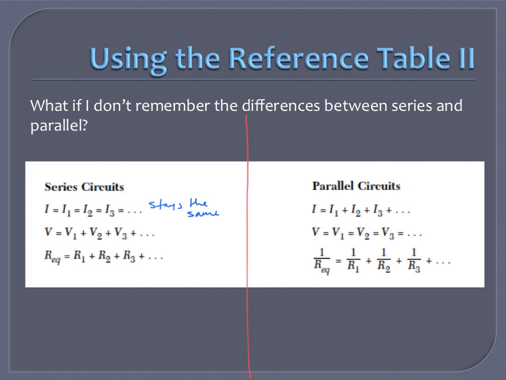Whereas here on a parallel circuit, this shows that the total in equals total out. Or you could do the sum of the branches. Total in equals sum of the branches going out. Next is the voltage.